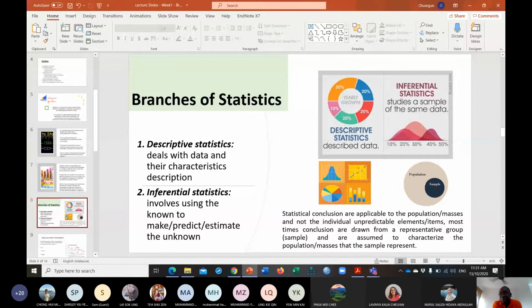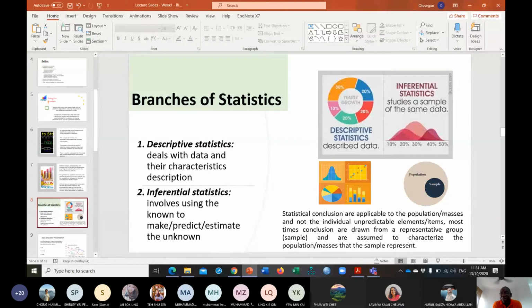So when my sample cuts across all these characteristics, then we call the sample a representative group or a representative sample, meaning that that few number that I've selected will be a representative of the entire students in the built environment. And that is what we call a representative sample.